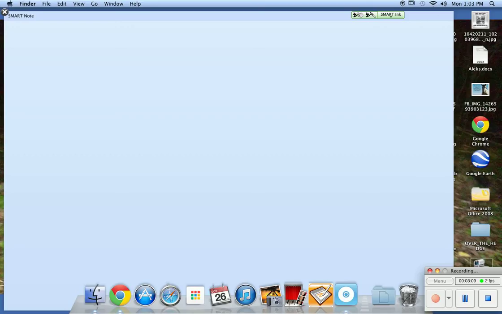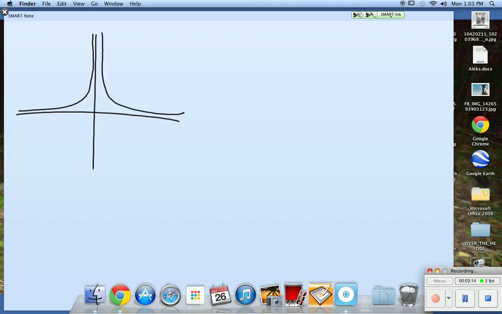Now, there's different types of discontinuous. There might be a graph like this, and it would look like this, which would mean this is infinite discontinuous. That's one of the discontinuous graphs you could have.